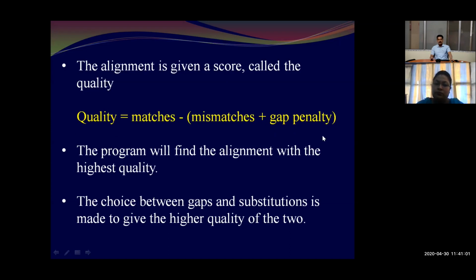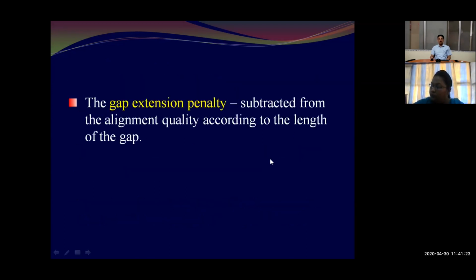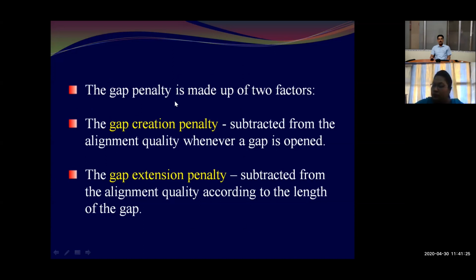That is why this is the equation we will determine after every arrangement, every time we rearrange the nucleotide or protein sequences. So the dynamic program will take into account this quality score every time it rearranges the sequences. But we shall discuss the gap penalty further, because gap penalty may be of two kinds.